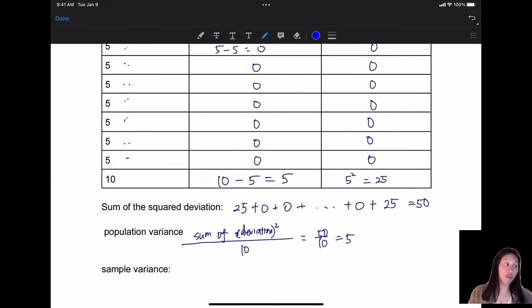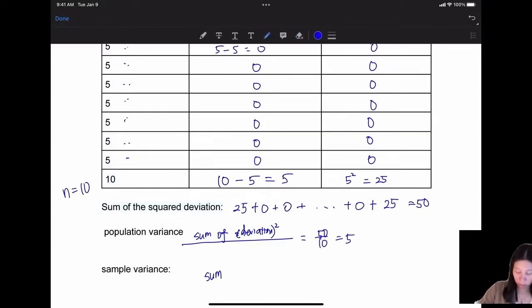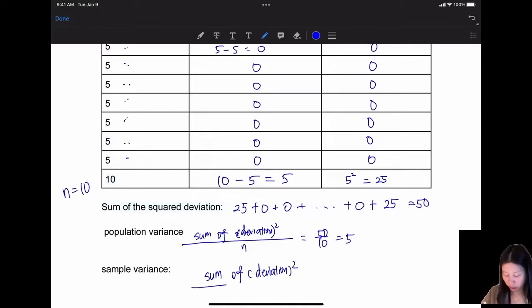But for sample variance, it's a little bit tricky. For the sample variance, we don't divide by 10. We divide by the number of data minus 1. Like say, this data set n equals 10. For population variance you divide by the number of data, but for sample variance, after you get the sum, you divide it by n minus 1.